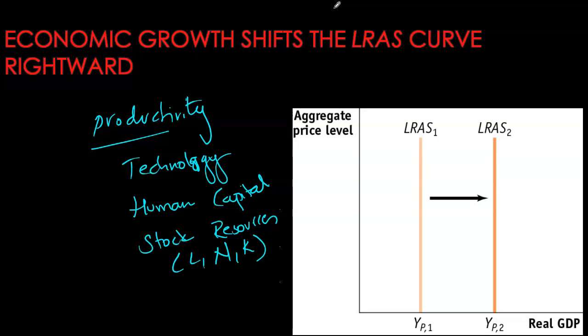However, note that your potential does not depend upon your input prices or your factor prices like wages, commodity prices, etc. If there are changes in the economy which are significantly hampering its long-term growth, the potential can also decrease in the long run, and therefore the long run aggregate supply curve will be now vertical but at some lower level of potential GDP.